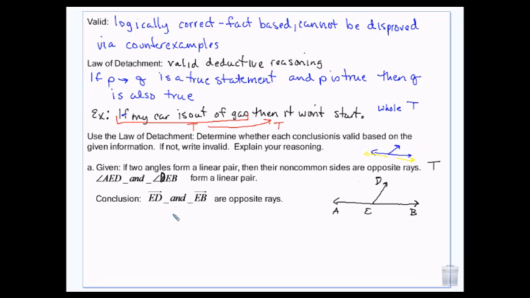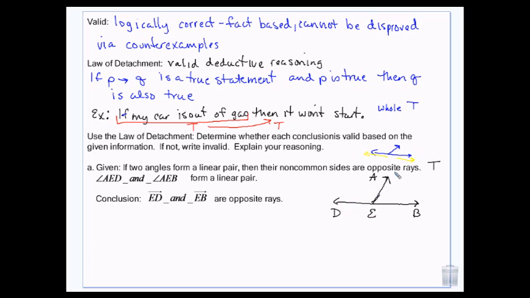Hold on, maybe I didn't type it wrong. Maybe I'm labeling it wrong. That's E, that's D, that's B, that's A. Yes, see, I was labeling it wrong.